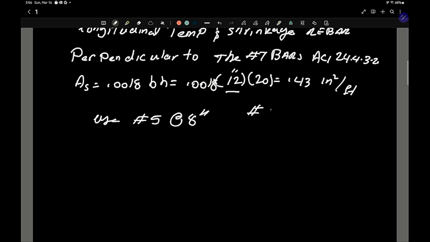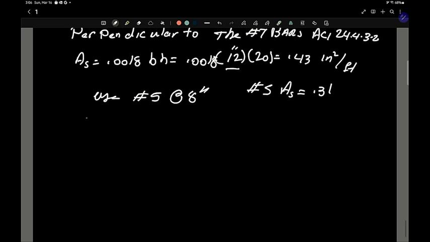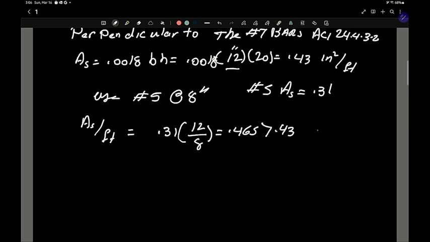Number 5 rebar has an area of 0.31. So if I take AS per foot, that's equal to 0.31 times 12 divided by 8, and that gave me 0.465, which is bigger than 0.43. So we're good there.